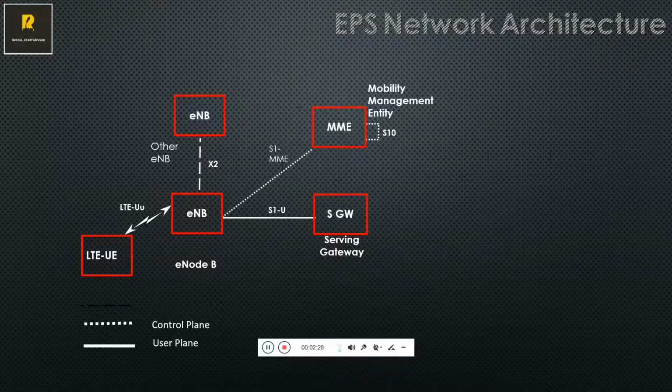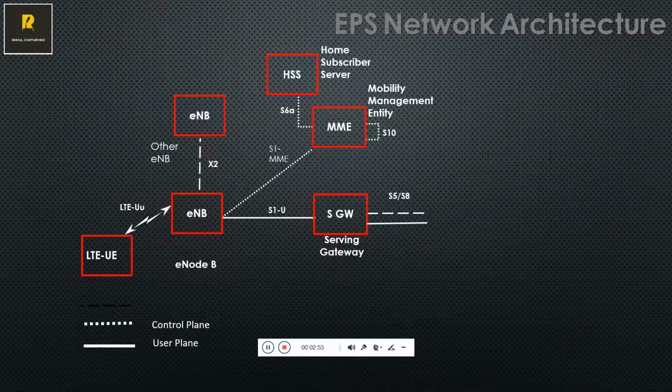As you can see, S10 is connected within the MME itself. That means MME is connected to another MME by using the S10 interface. Now the HSS, home subscriber server, is connected with the MME using the interface S6A.